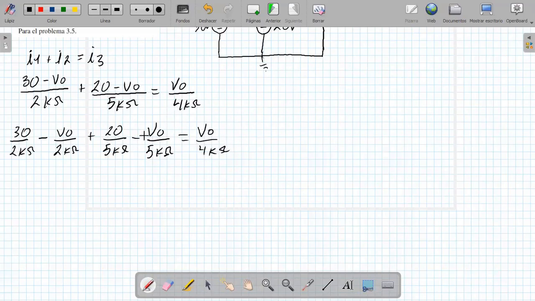I have to leave on one side of the equal sign all the terms that have V sub 0 and on the other the constants, so I am going to pass these to the other side just like this.